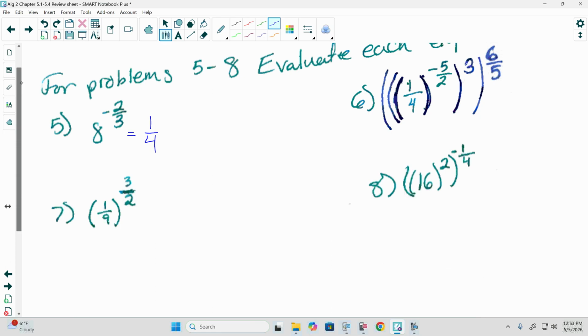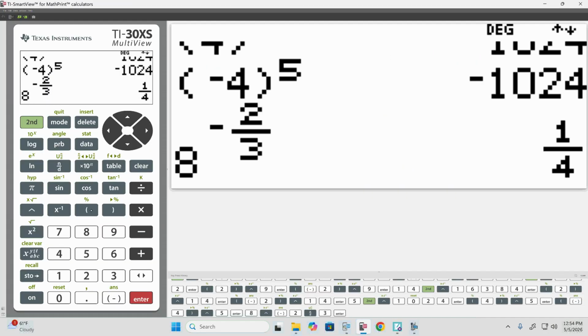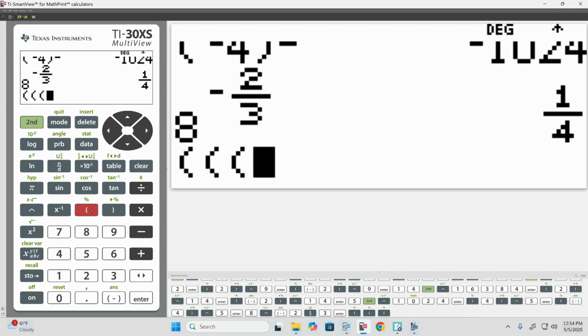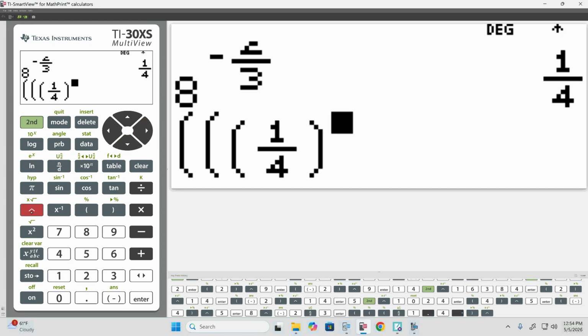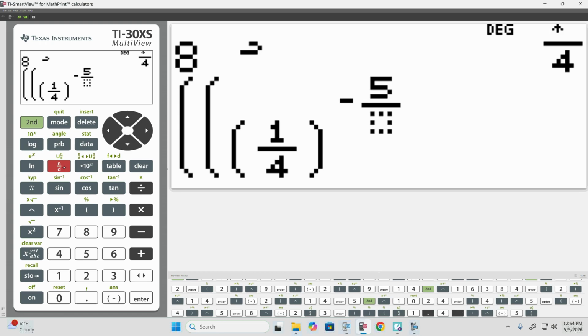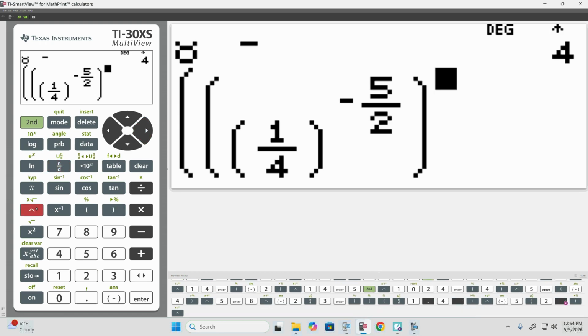Number 6, 1/4 to the negative 5/2, to the 3rd, to the 6/5. So 1/4 to the negative 5/2 to the 3rd, parentheses, to the... now since it gave us that checkered pattern, what it's saying is it doesn't have enough memory to keep going.